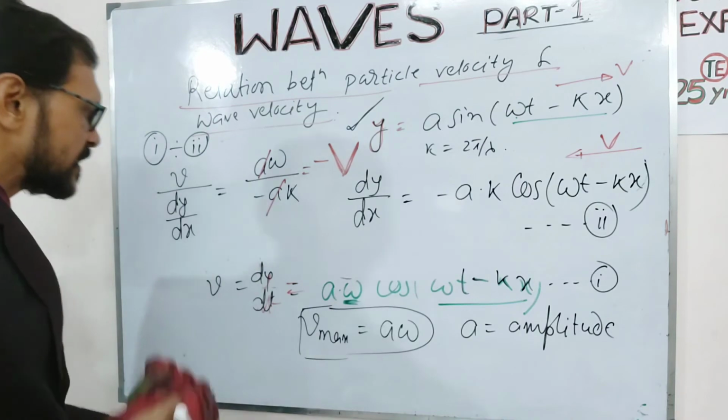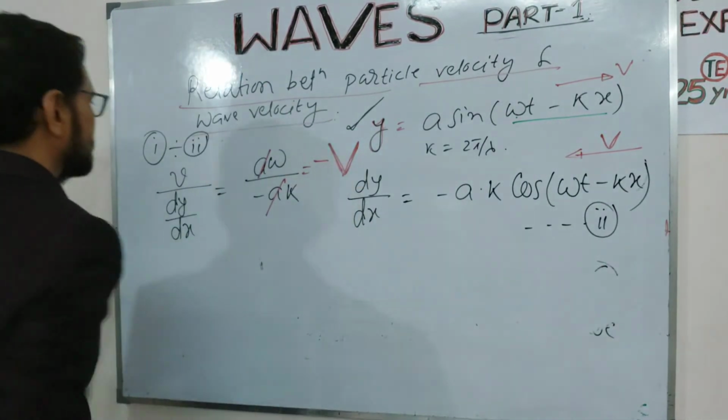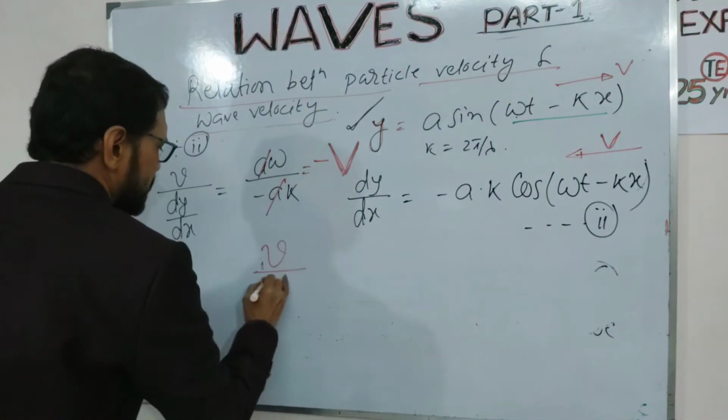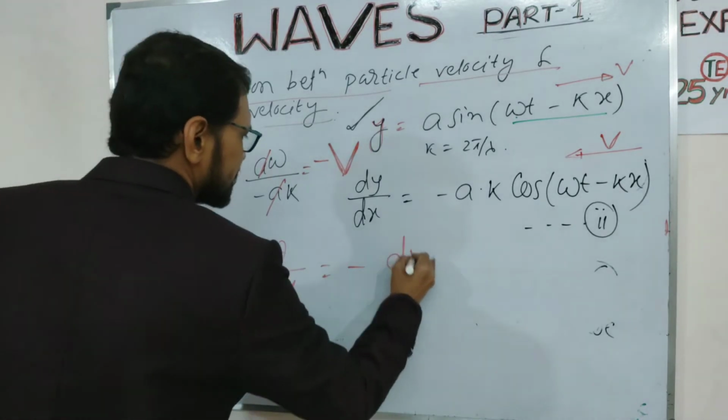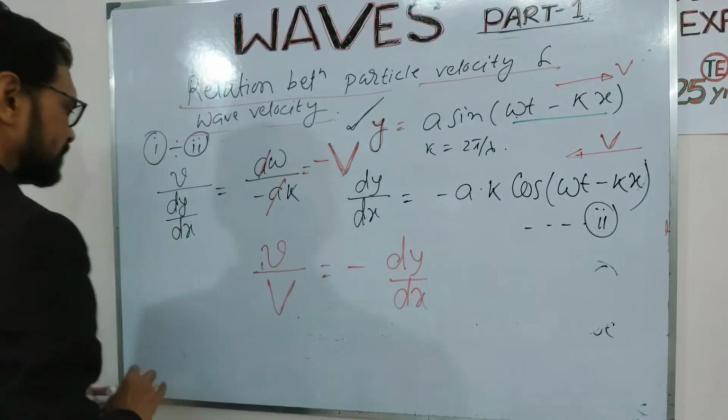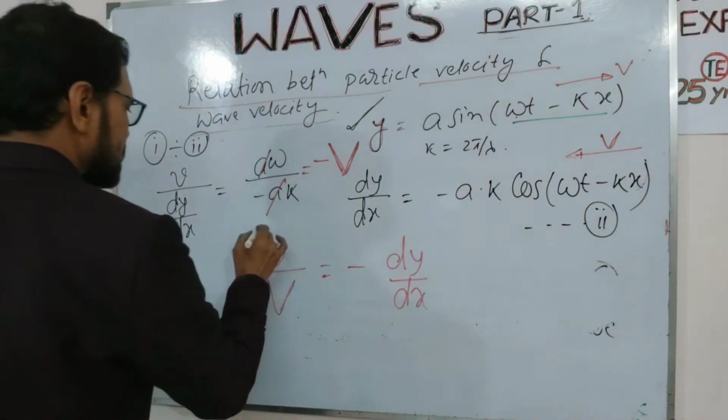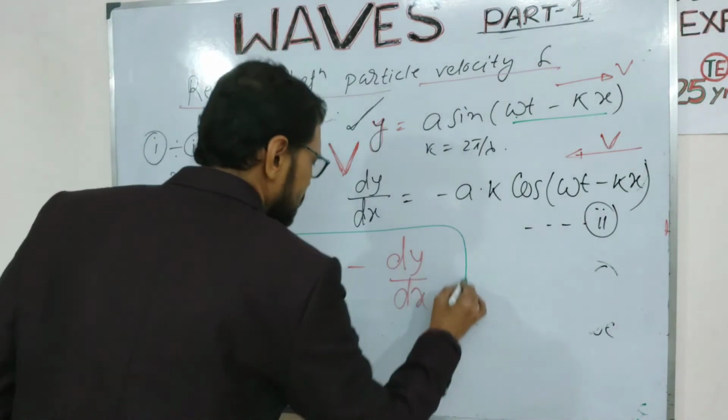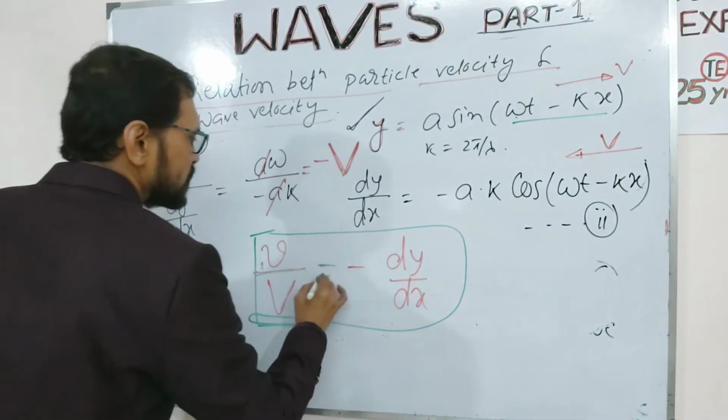So from this we get v/V = −dy/dx. This is the relation between the velocity of the particle and the velocity of the wave.